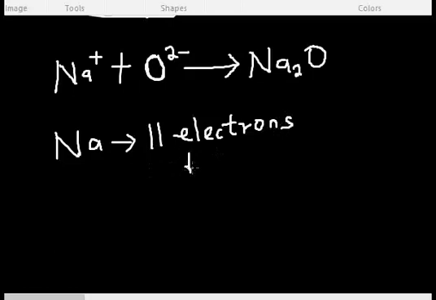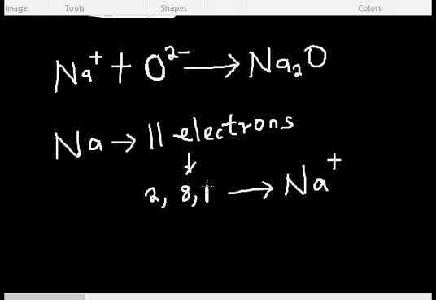For sodium, the electronic configuration: the inner shell has 2 electrons, the next shell has 8 electrons. We'll still treat this when we treat atomic structure. Then of course this is 10 now, then the 1 electron goes to the outermost shell. So sodium has 1 outermost shell electron. That is why sodium has the valency of just +1.